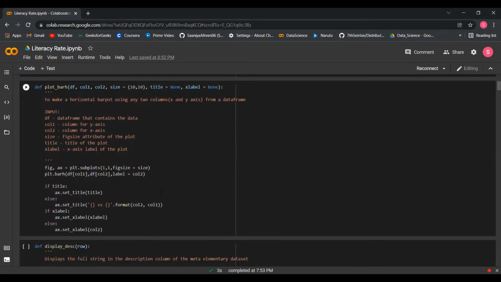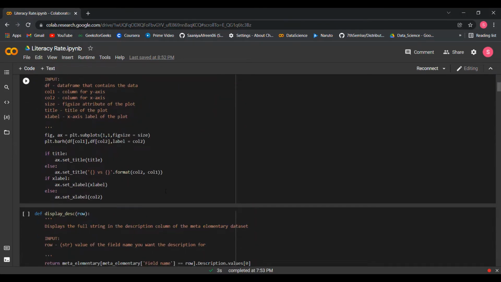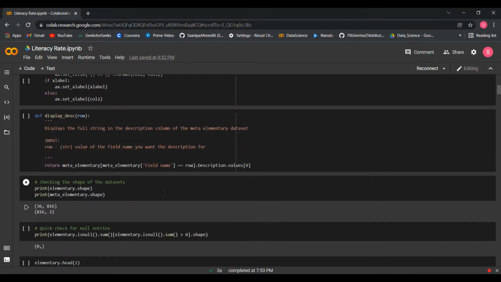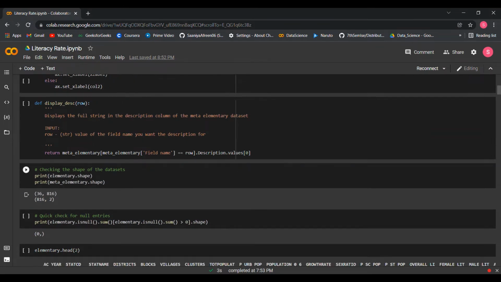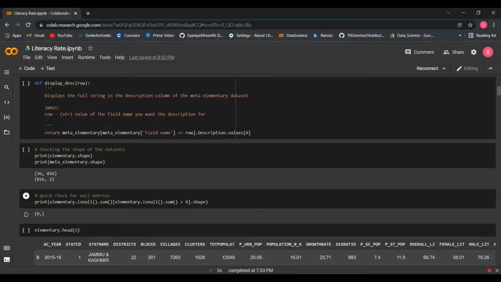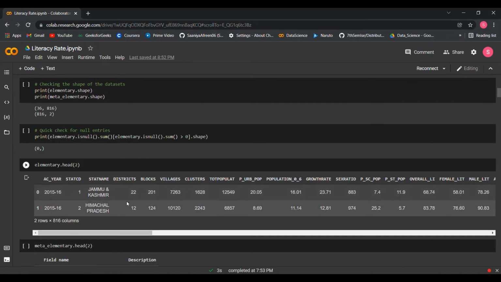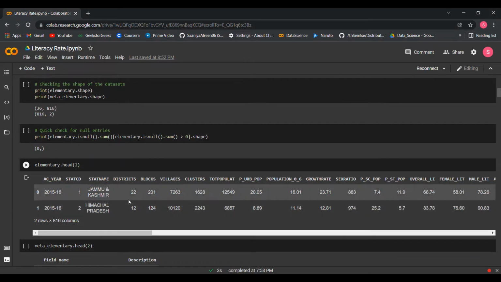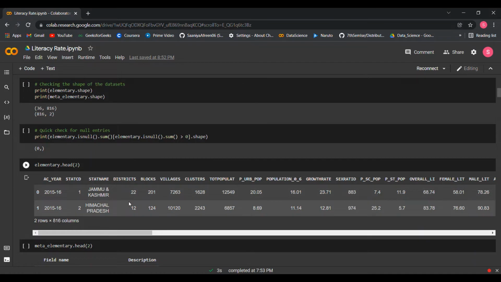Then we have also explored the data, that is, found the size of the data set, and checked if there are any null entries. We know that this data set contains different states along with their education indicator values.